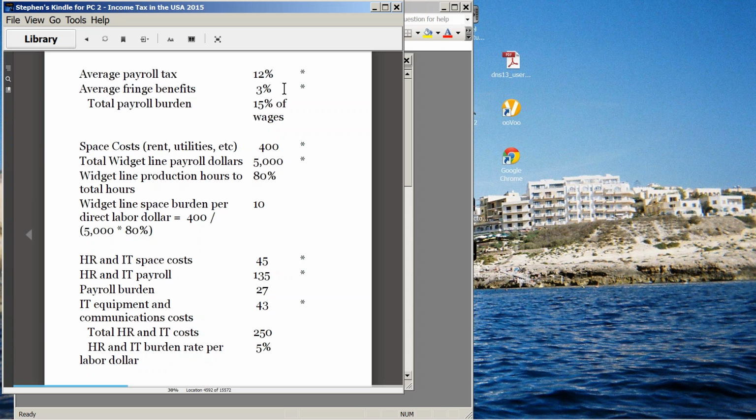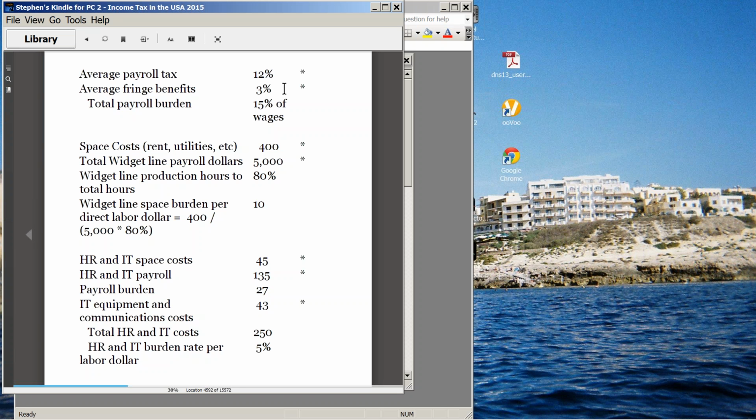That's the place to start in figuring out how to allocate payroll tax and fringe benefits. We come up with a payroll burden percentage for whatever segment of the business we're allocating to.